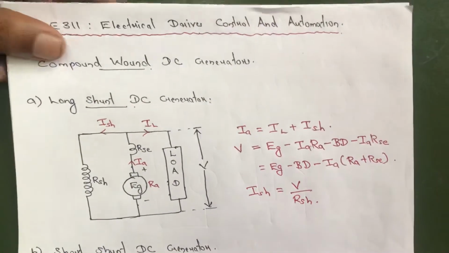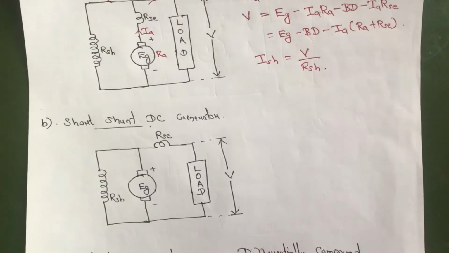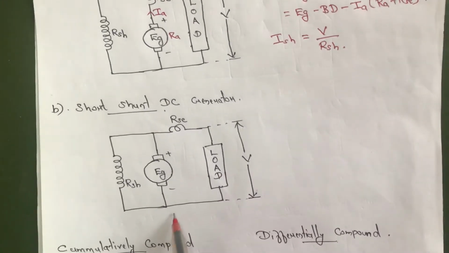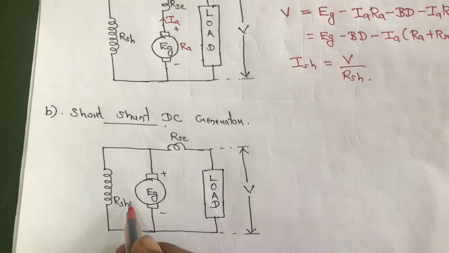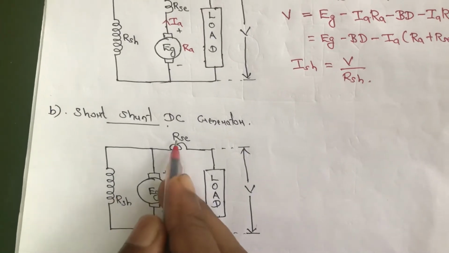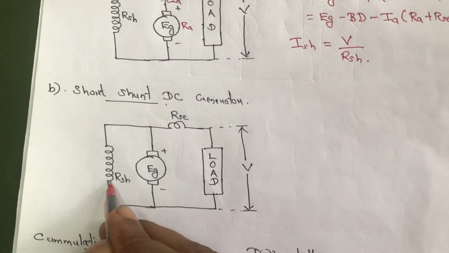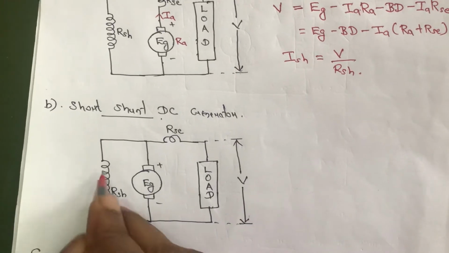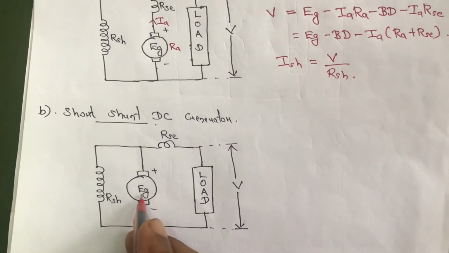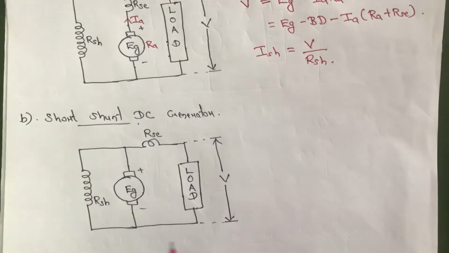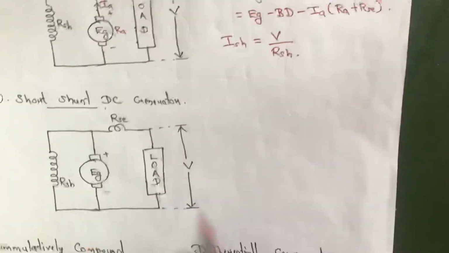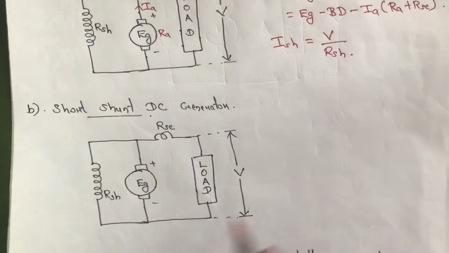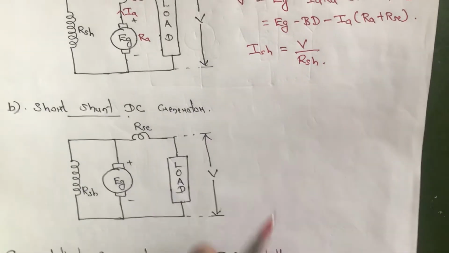Now let us see the short shunt DC generator. Here also, since it is a compound wound DC generator, it will have a series winding and a shunt field winding, and the shunt field winding is connected in parallel only with the armature winding. That is the short shunt DC generator. Here also we have to write the equations.